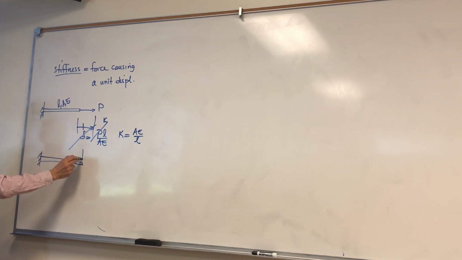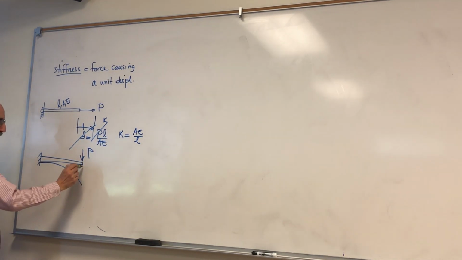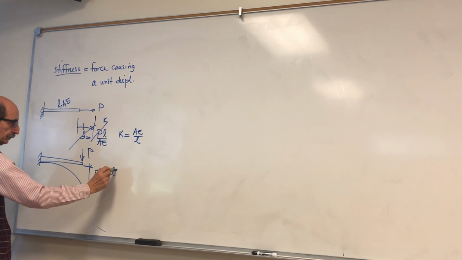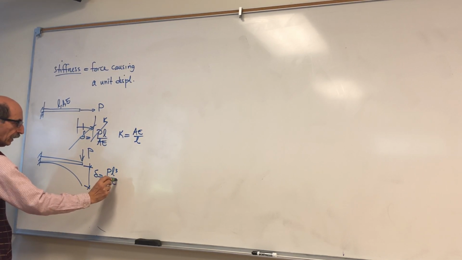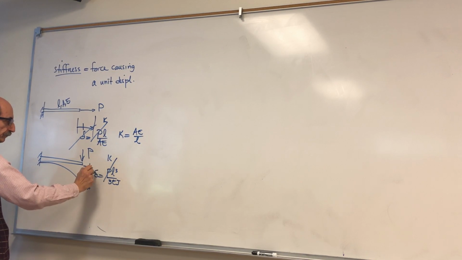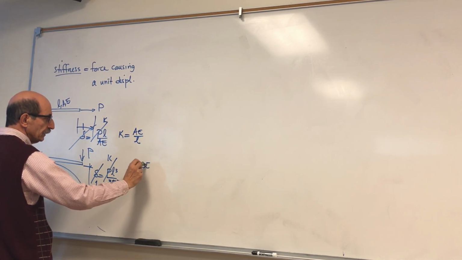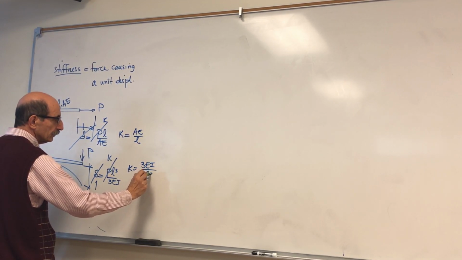For a beam element like a cantilever beam, this is displaced. Delta is PL cubed over 3EI. So if this is 1, the stiffness K is 3EI over L cubed.